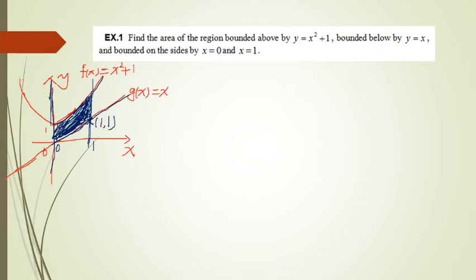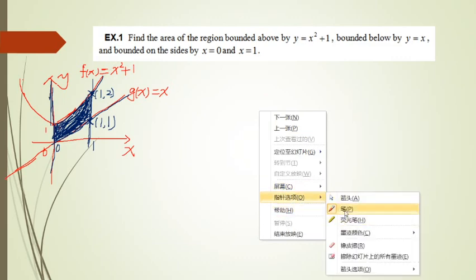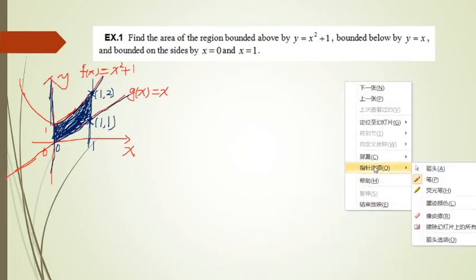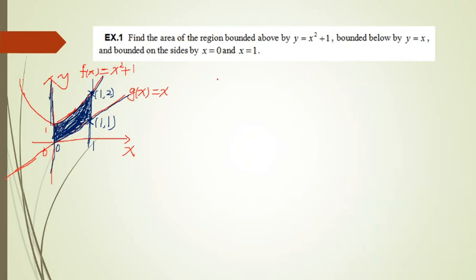But on the function f, when x is 1, the function value should be 2. So there is no intersection when x equals 1. Here is this region, right? Then how can we work out the area of this region S?